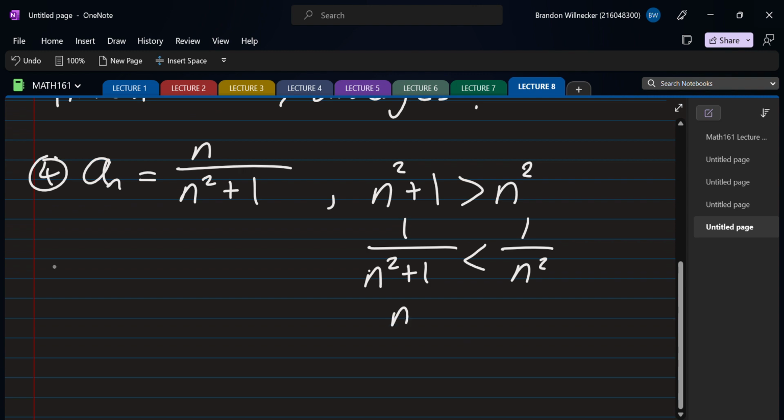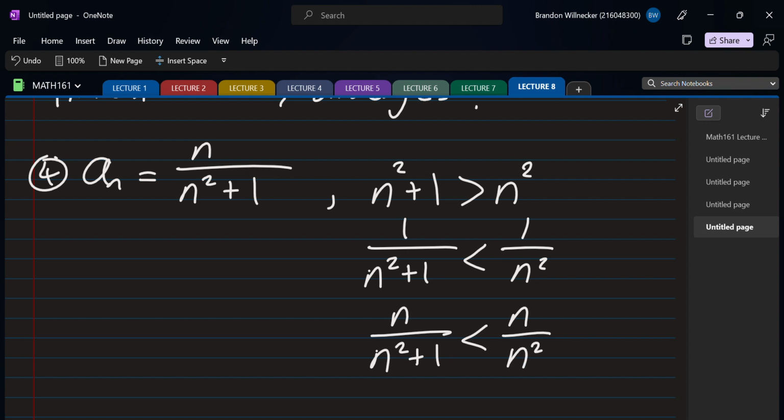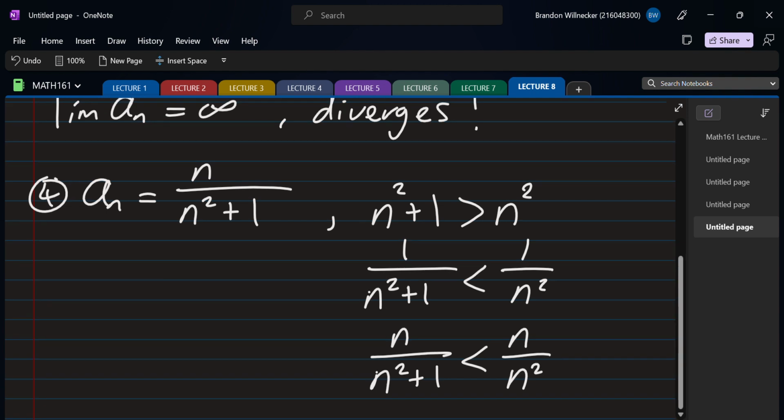So let's just multiply both sides by n. But n over n squared is just 1 over n. But we've got our sequence elements a_n is less than 1 over n.